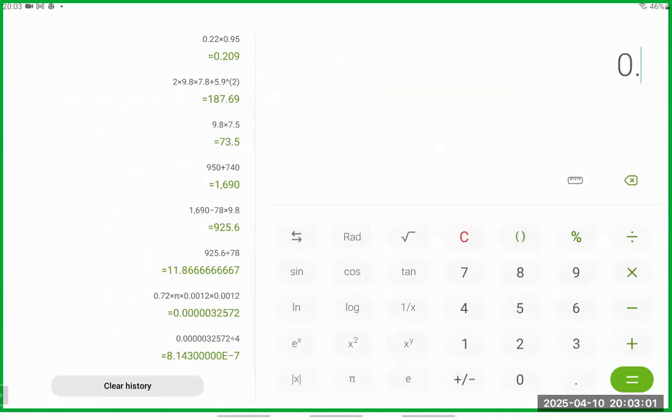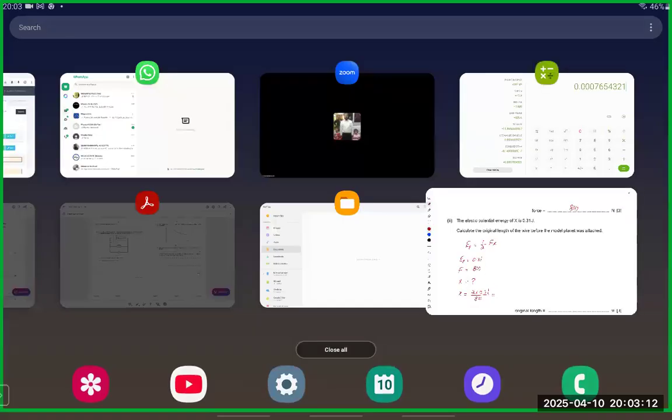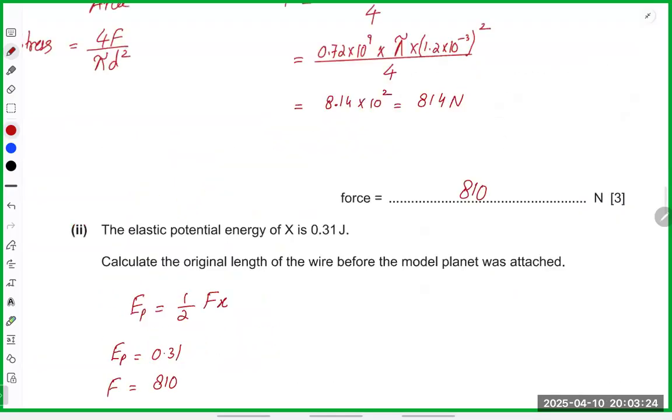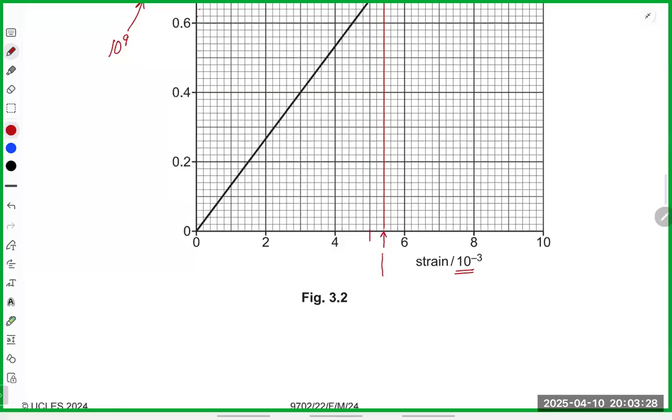0.62 divided by 810. 0.000765 meter. Now we know the strain was also given at the same value. What was the strain? It is 5.4, I guess.